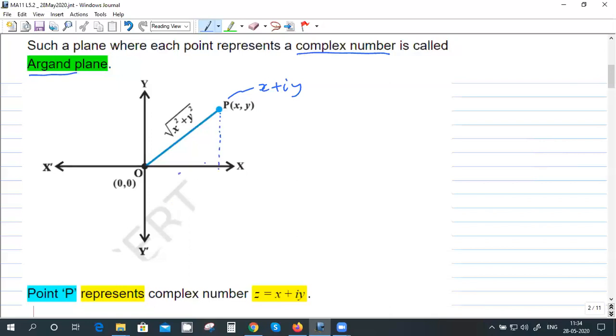This distance is x, this is y, and this is 90 degrees. So by Pythagoras theorem, this distance is square root of x square plus y square. And we have defined another quantity called the modulus of the complex number, equal to square root of x square plus y square. So the modulus of the complex number z is the distance of the complex number from the origin.